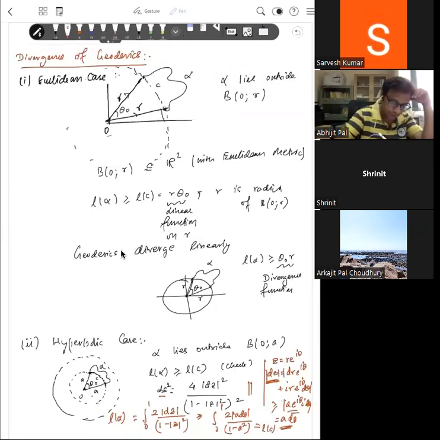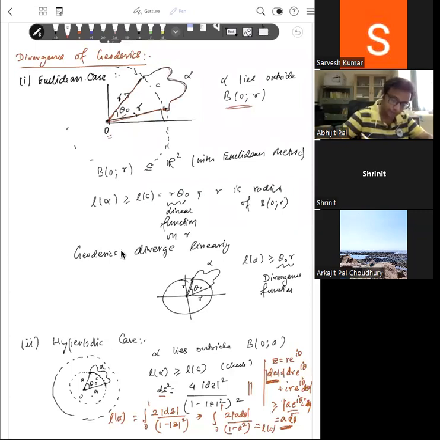So this is my origin, and let us take two line segments starting from this origin, making an angle theta naught. Now draw a ball of radius r around this origin, and let us take a path alpha outside this ball.